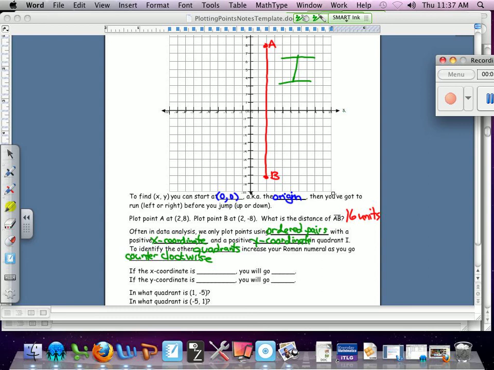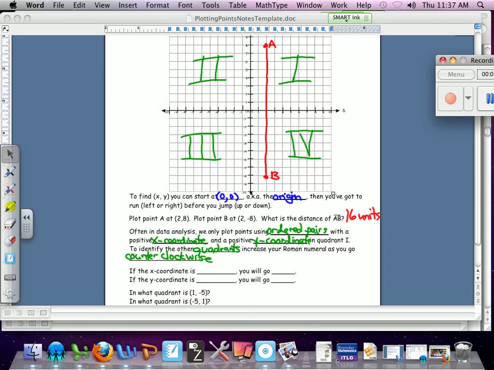But if you do end up having some negatives involved, you might need to go to quadrant 2 over here, or quadrant 3 down here, or quadrant 4 over here. So now we might start seeing more with the negative numbers. I don't know why they decided counterclockwise. But just make sure that you know that that's the way it's set up.